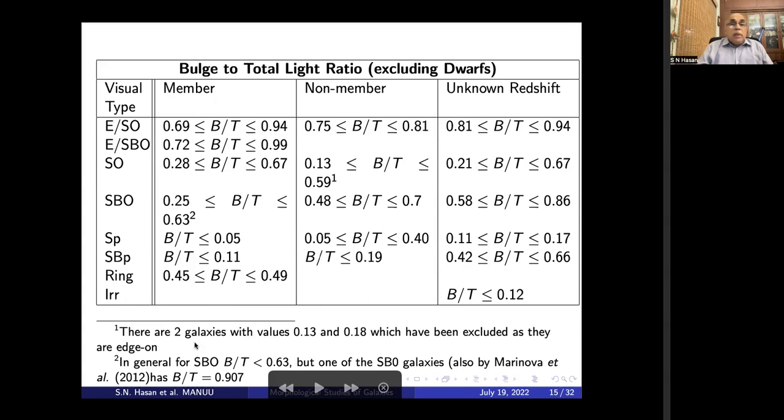What we notice from here, there are two galaxies with values of 0.13 and 0.18 which have been excluded as they are edge-on. And in general, for SB0s B by T is less than 0.6, but for one of the SB0 barred spiral galaxies, B by T is equal to 0.907.